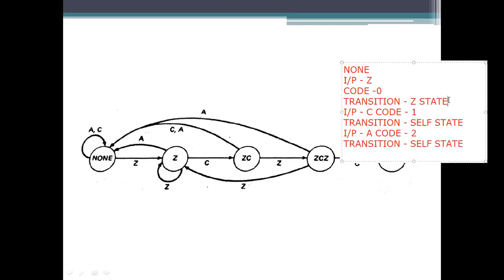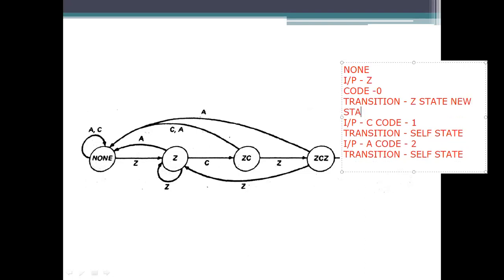If it is Z, the transition is to the Z state, and the new state is Z. In the other cases, the new state is none.